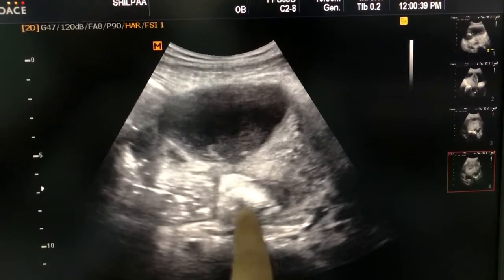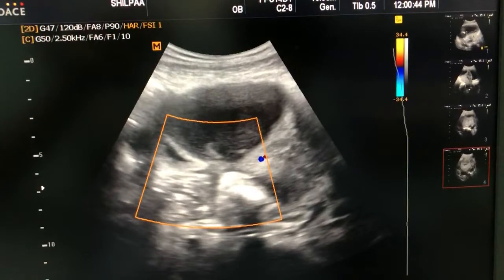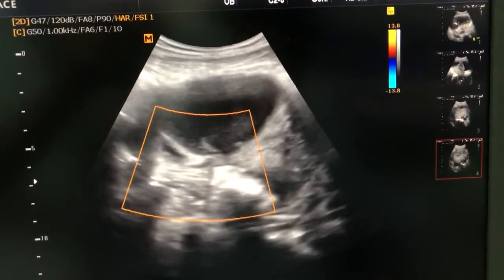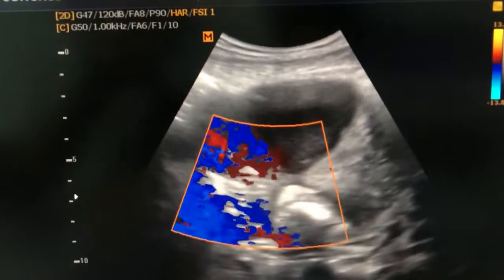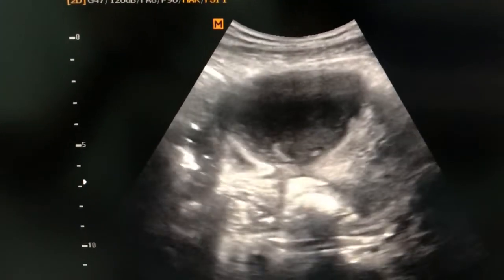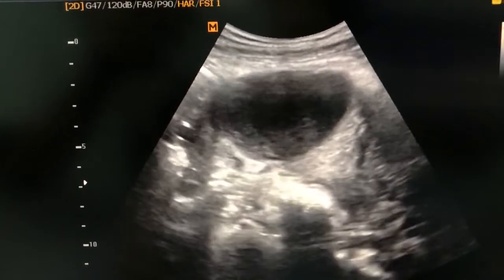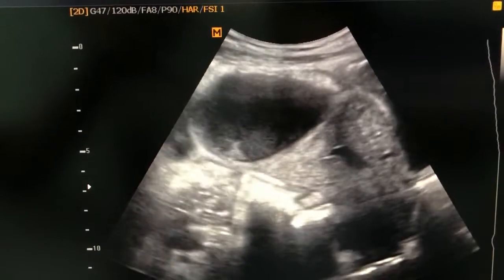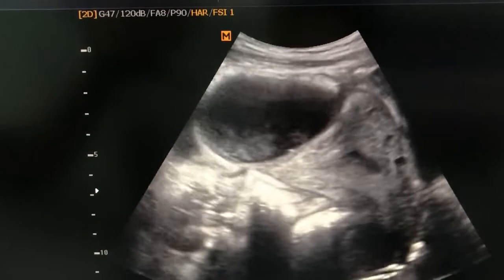You see this vessel, it is not showing color flow, however, maybe because it might be the vein which is having a very slow and static flow. But this is the root from where it is getting the supply.